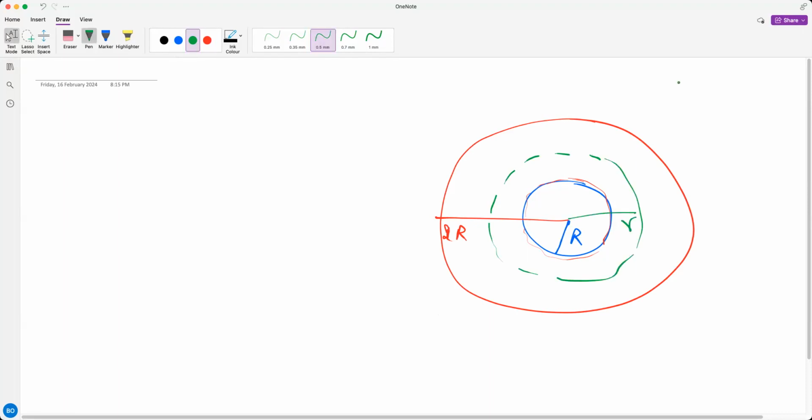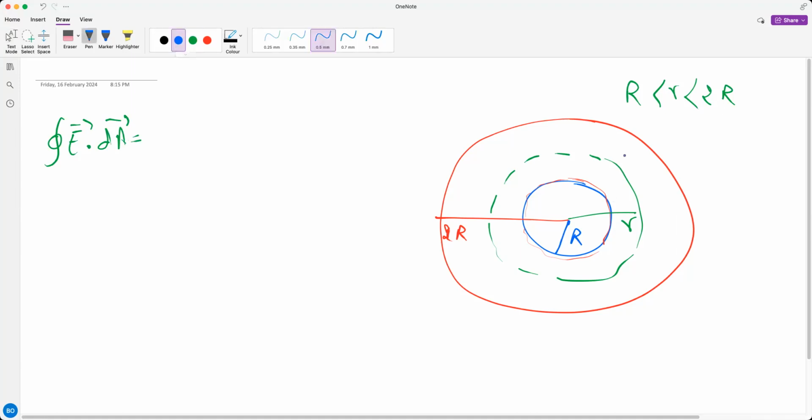This is r, and r is between capital R and 2R. So what do I have to do? I have to take the green surface as my Gauss surface. So the integral of E dA over the green surface is equal to the charge enclosed by the system.